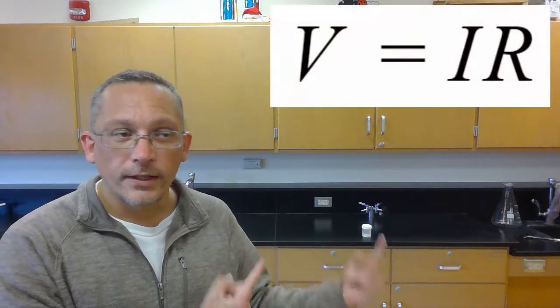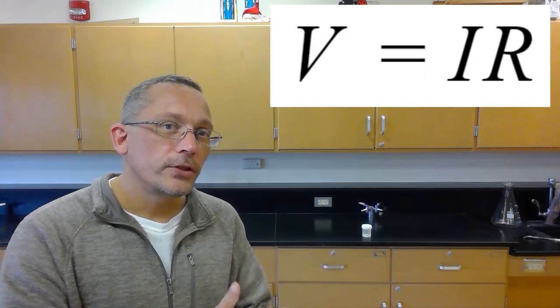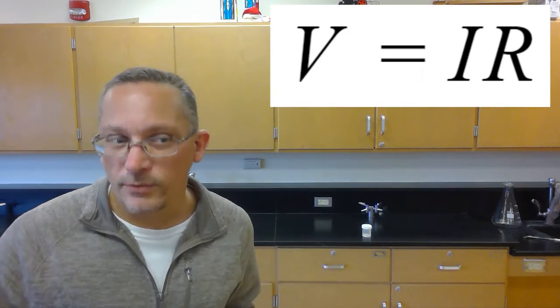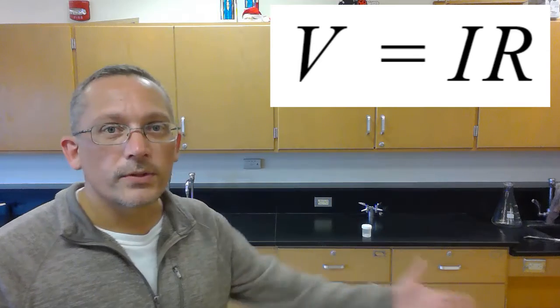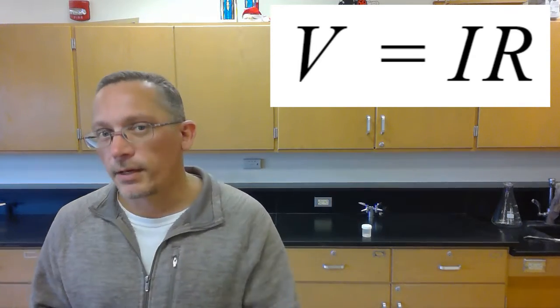So now, having talked about voltage and current and resistance, we could put those together and talk about the relationship between them in a circuit. The relationship between the three of them is called Ohm's Law, and you can see Ohm's Law right there. Ohm's Law says that the voltage is equal to the current times the resistance, right? So V equals IR, voltage equals current times resistance.